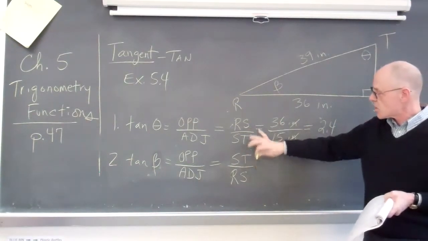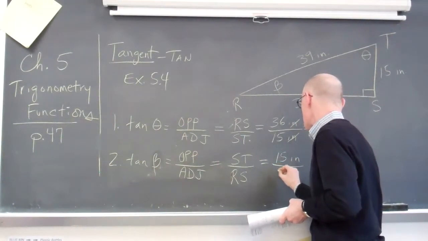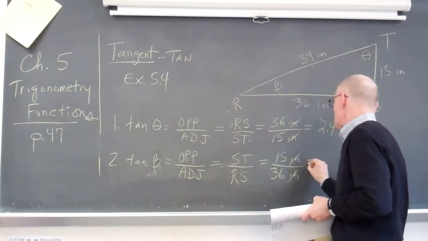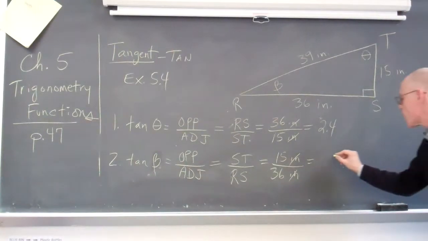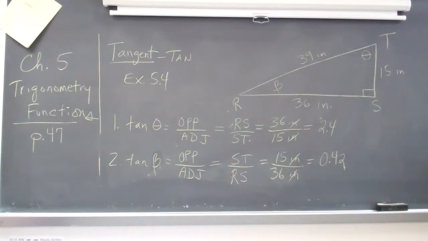So side ST is 15 inches, side RS is 36 inches, and that calculation ends up being 0.42. All right, so that shows you how you set up the tangent of a given right triangle.